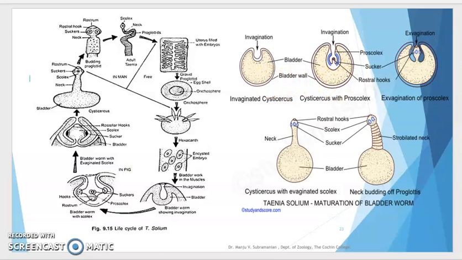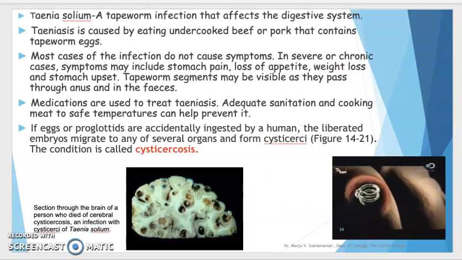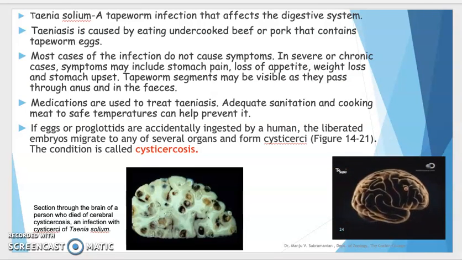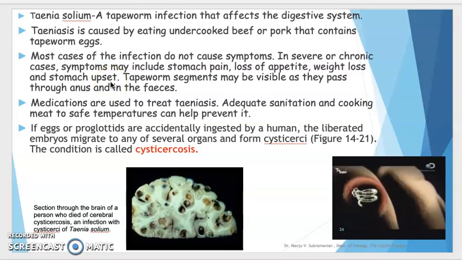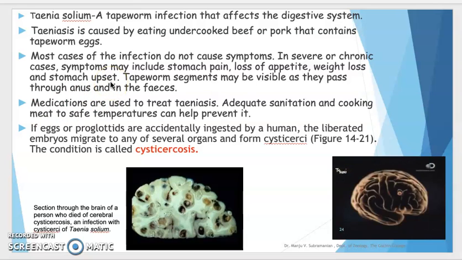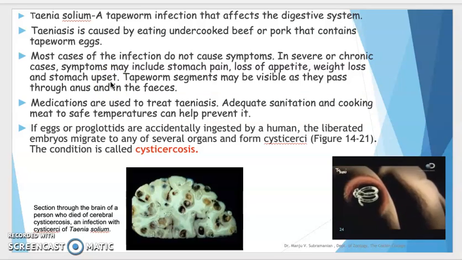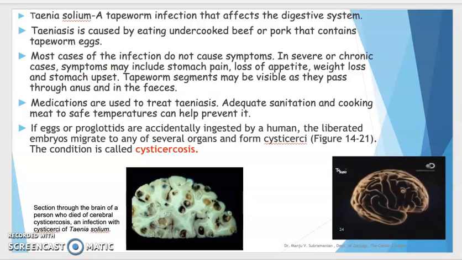Next we will see the transmission of the cysticercus to man. The transmission of cysticercus into the human host occurs through the meat of the pig. That is, the meat of the pig which is infested with live cysticercae is called measly pork.